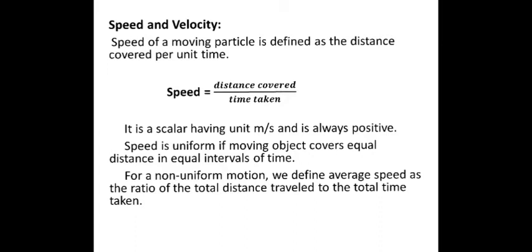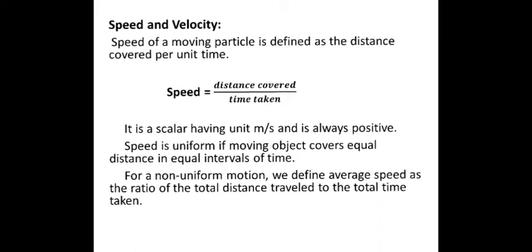For a non-uniform motion, that means the speed is non-uniform, the object covers unequal distances in unequal intervals of time. The distances and times are unequal. For non-uniform motion, we define average speed as the ratio of the total distance travelled to the total time taken.